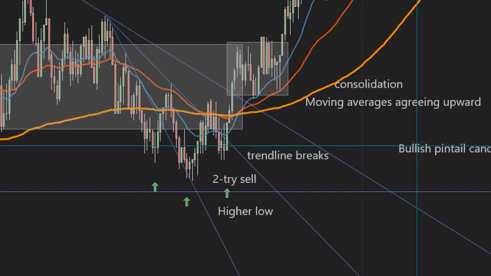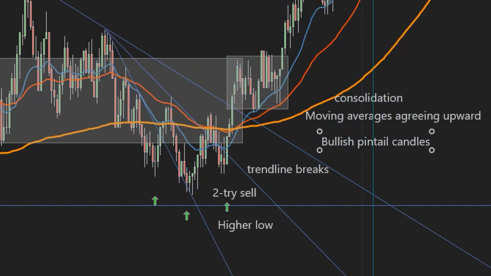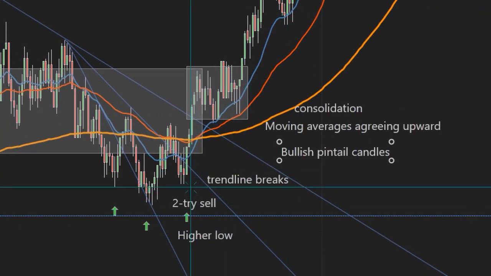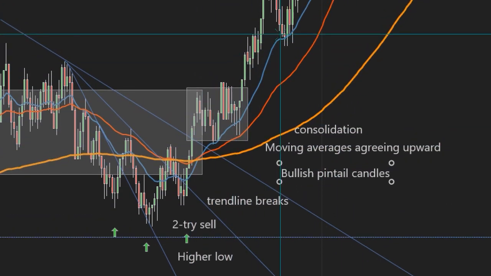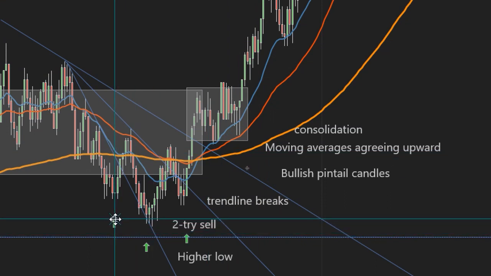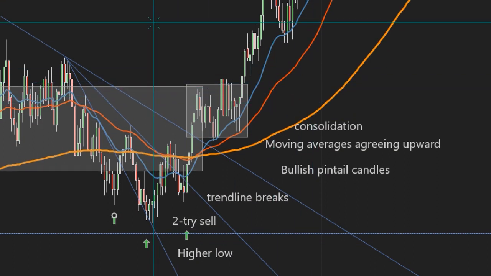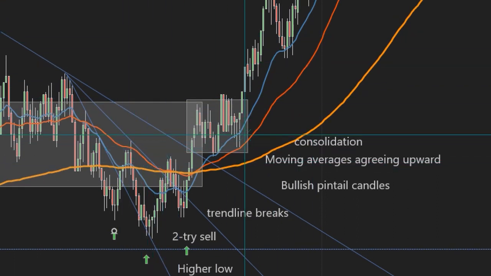Okay, so we have 6 different signals for this saying that, hey, this is probably going to go up. And if it doesn't, hey, this is the best failure I've ever seen. Because if this fails, this is how I want it to fail. This is where I want to take a trade. And if it doesn't work, pat myself on the back and say, good job. That was still a good trade.